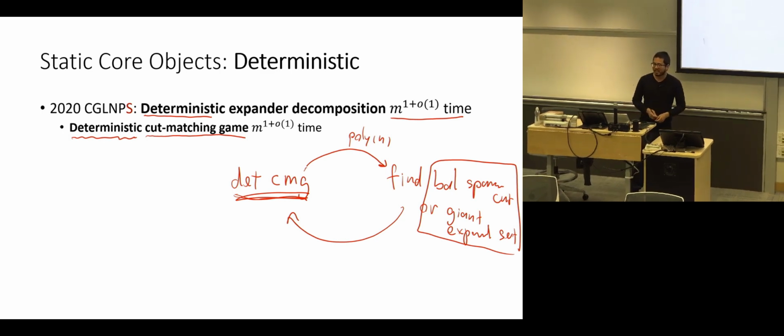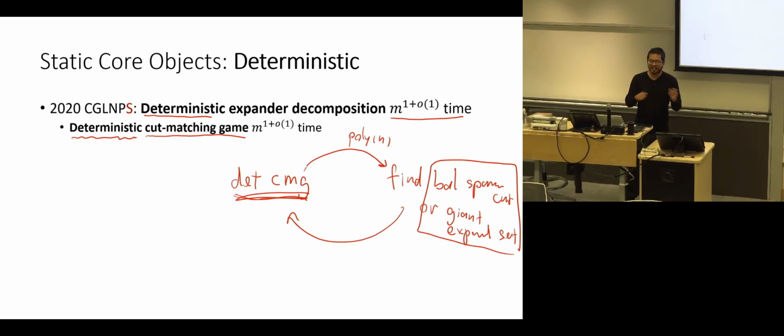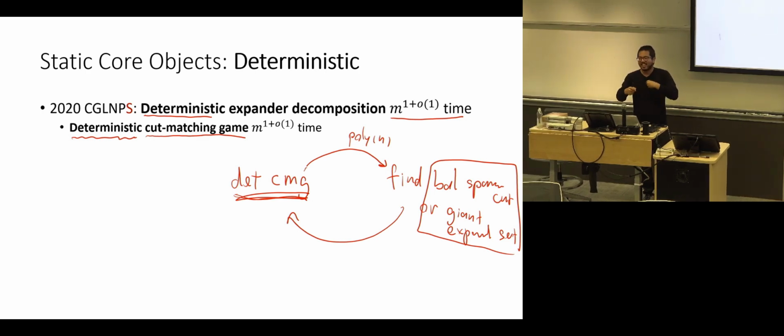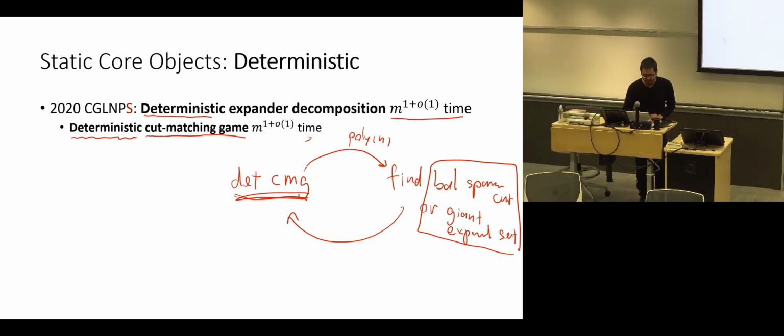So this is kind of the theme in the area too: when you see how to solve one problem by reducing to the other, there might be a way to make both of them fast. And this is what we did here. Once you have a fast deterministic cut matching game, you get deterministic expander decomposition.